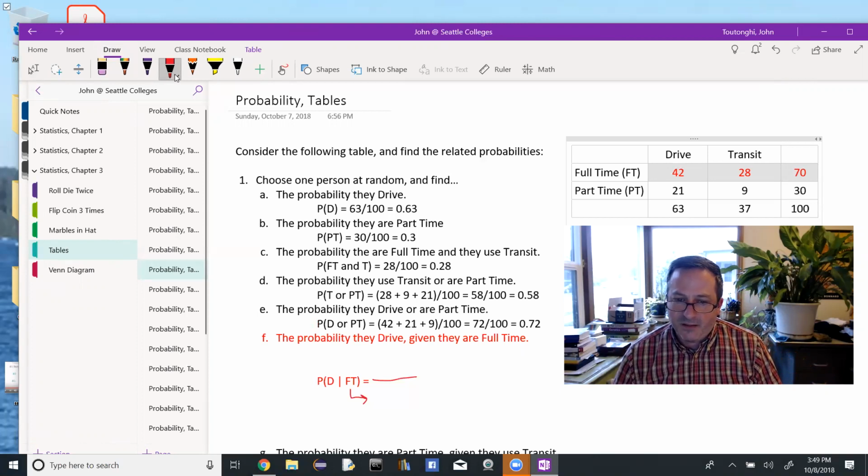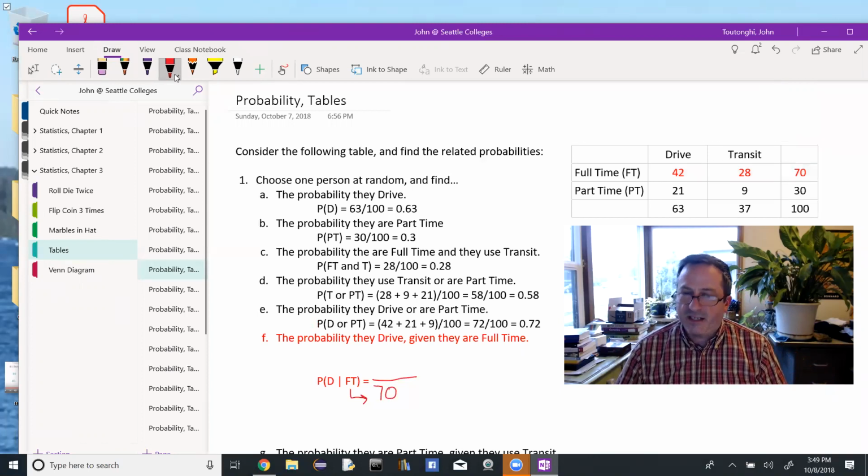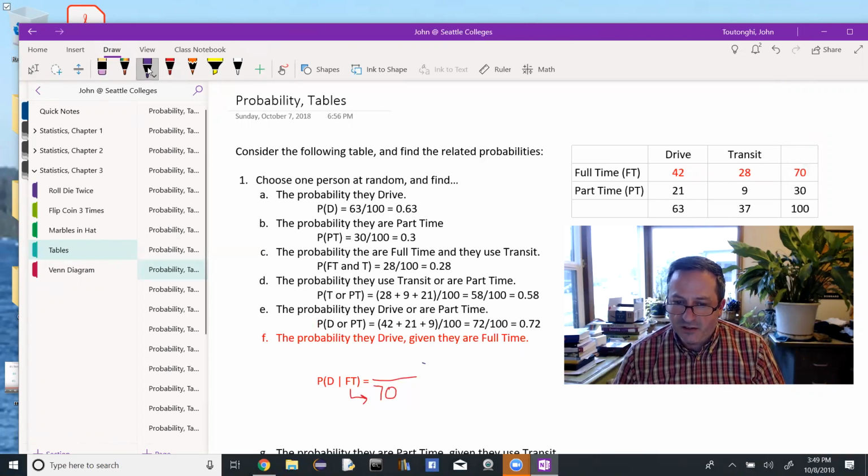Get back there. There we go. And then upstairs, I'm going to ask, what quantity of them drove?